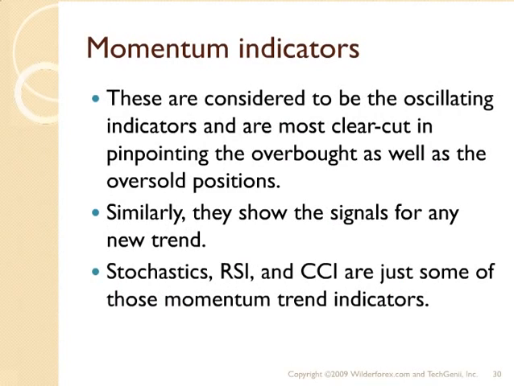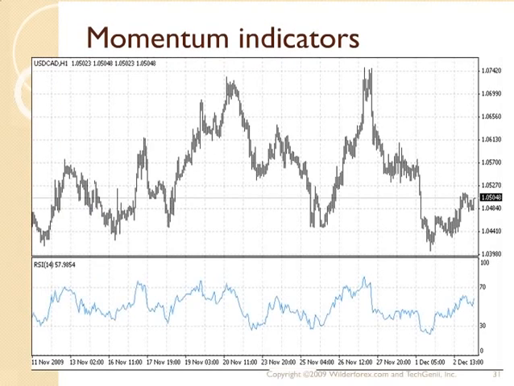These are considered to be the oscillating indicators and are most clear-cut in pinpointing the overbought as well as the oversold positions. Similarly, they show the signals for any new trend. Stochastics, Relative Strength Index, and CCI are just some of those momentum indicators. This chart shows the Relative Strength Index.